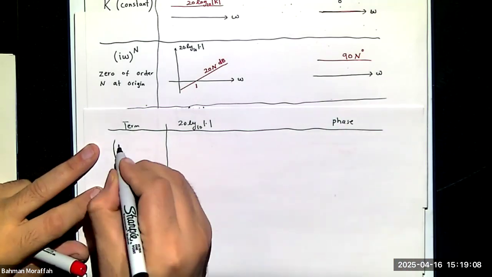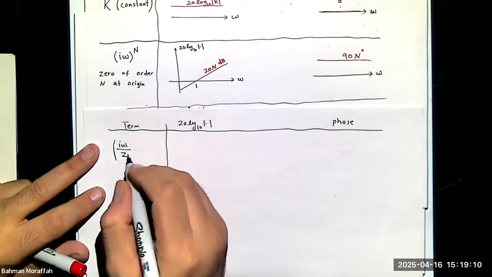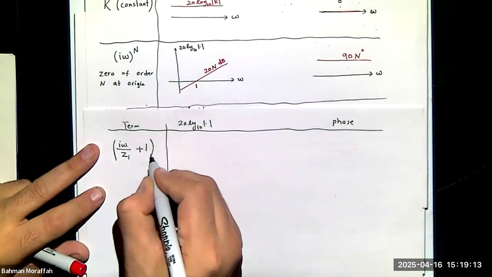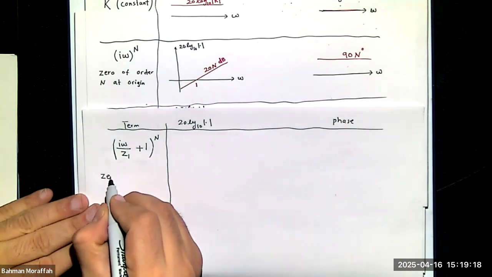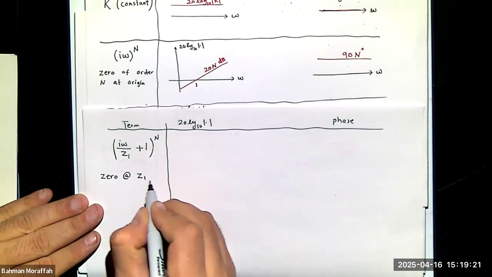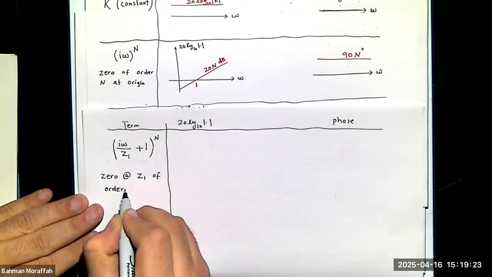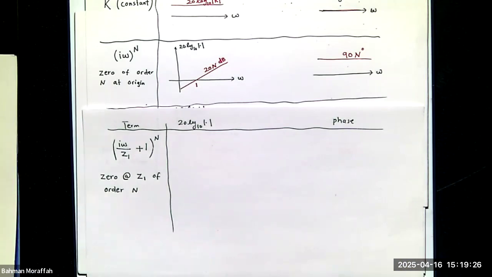So if I have i omega divided by z1 plus 1 to the power of n, what I know is I have a 0 at z1 of order n, right? Again, this is a simple 0, so I know it has to go up by 20 dB. But since z is not 0, I'm going to have some breakpoint. And that breakpoint is happening exactly at this z1.